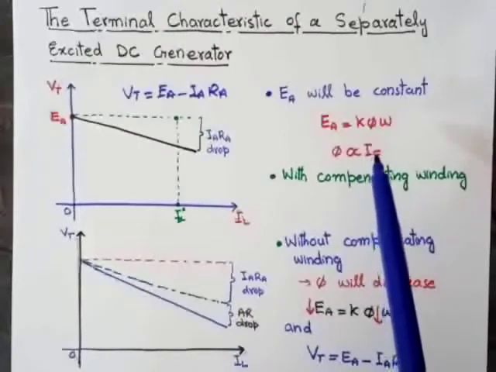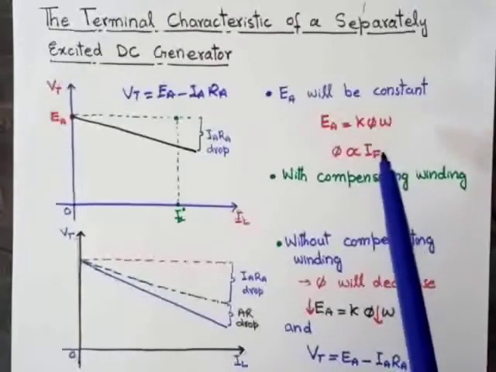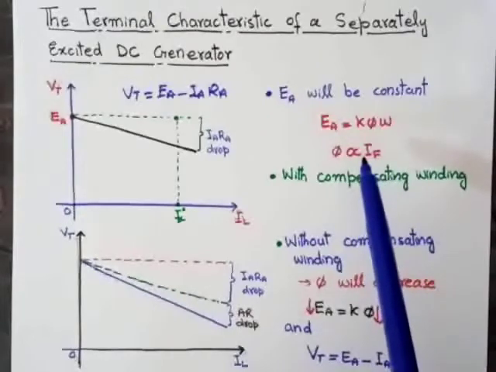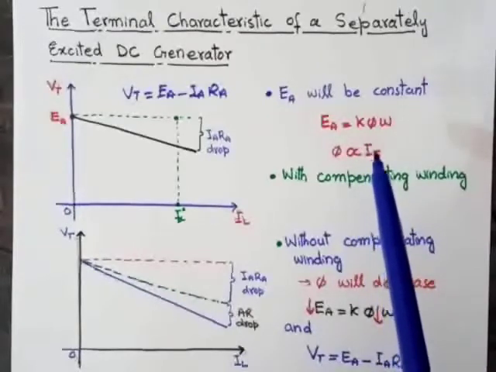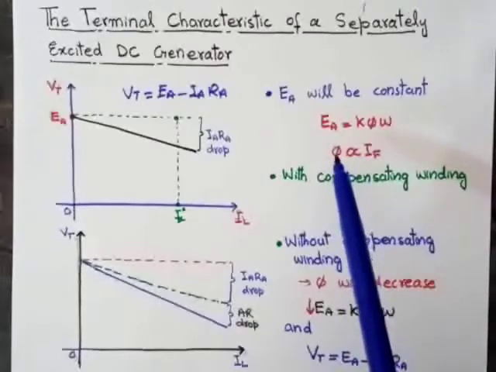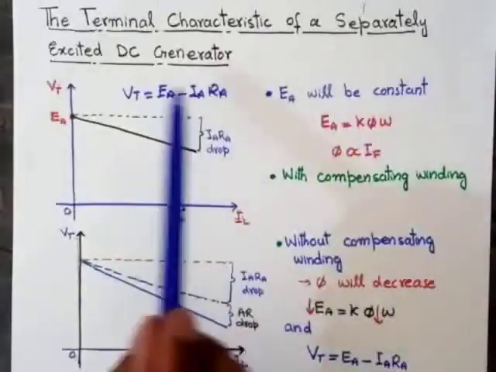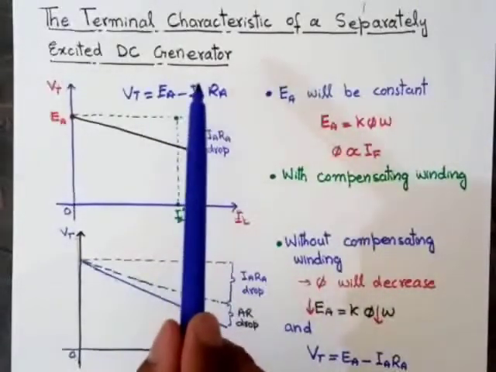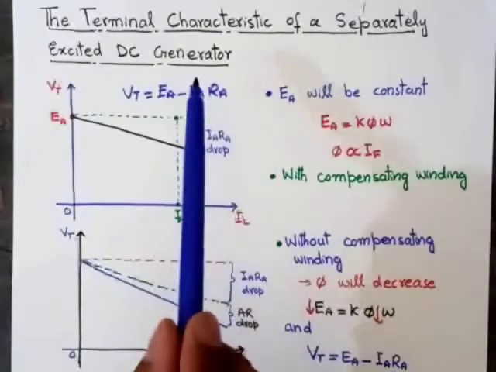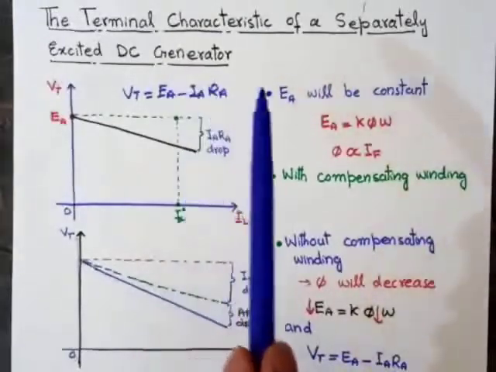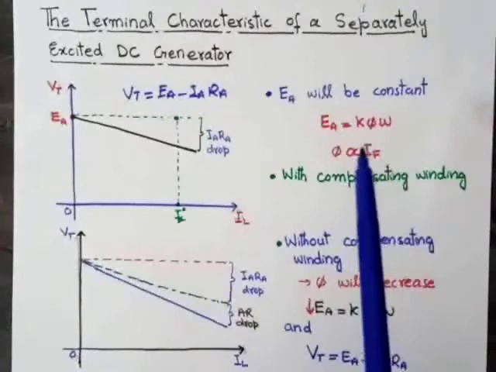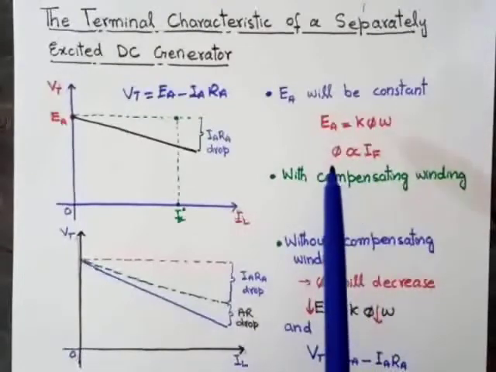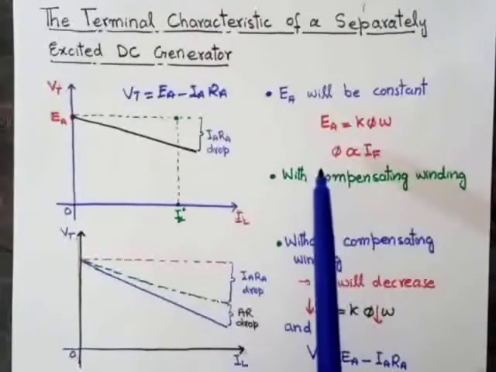We give a separate supply to the field winding, and we connect the load across the armature winding. In a separately excited DC generator, there is no connection between the field winding and the armature winding. That's why the flux will be constant.